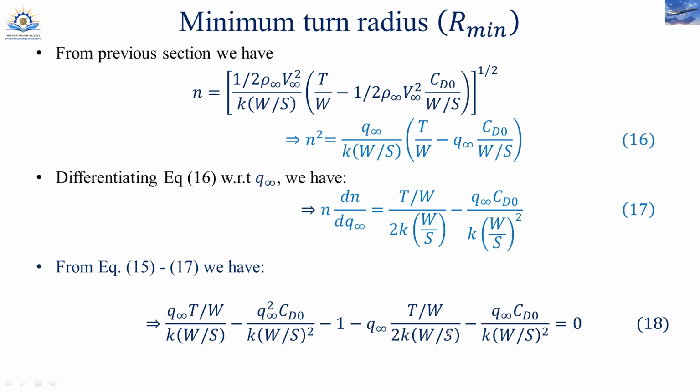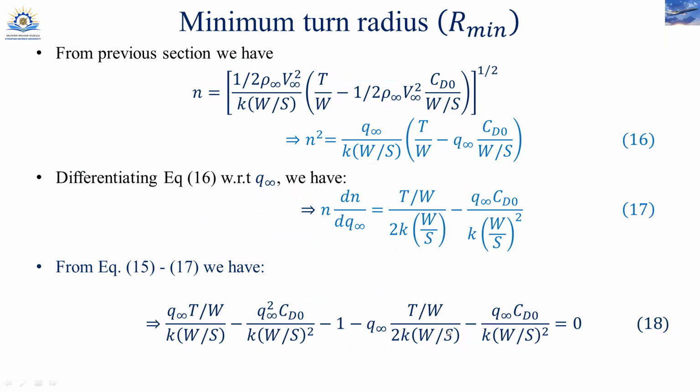If you remember the n equation above, n is equal to the square root of half rho V square over K W over S, times T over W minus half rho V square C_D0 over W over S, the wing loading. For the maximum n, T over W should be T over W max.